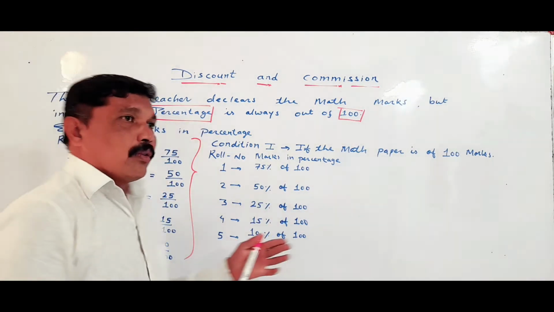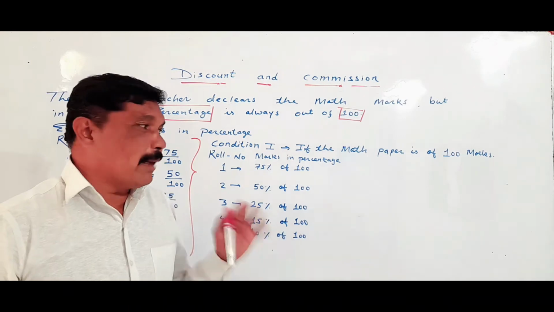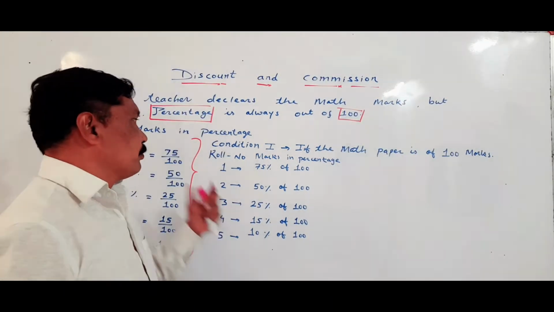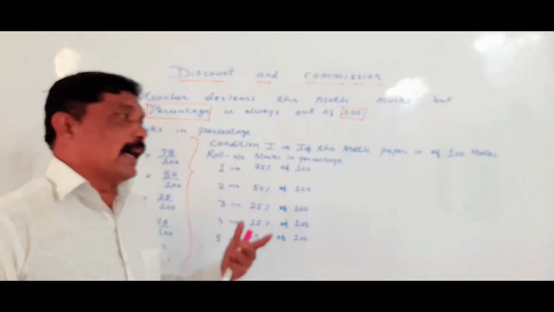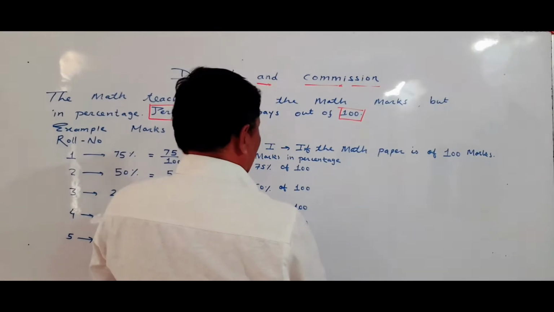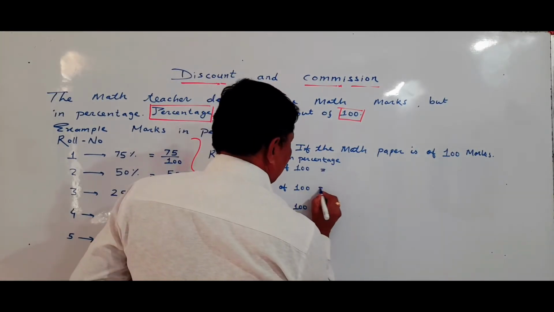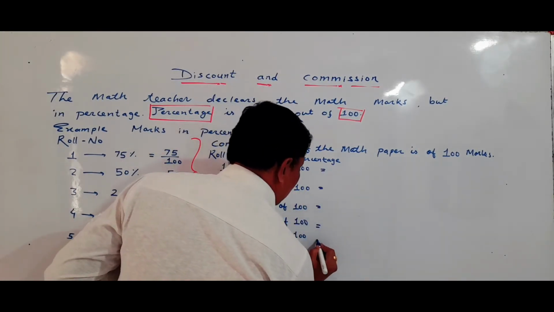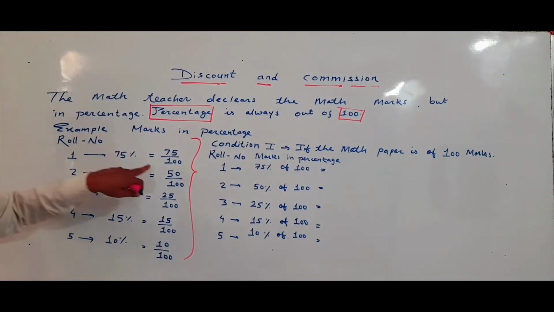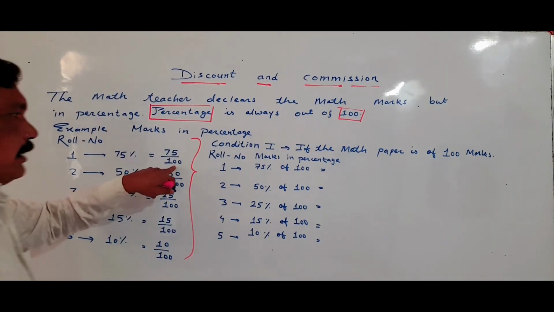Now, we don't know the actual marks the student has scored. So from the given example, we'll find out the actual marks. Now, this can be written as: 75% can be written as 75 by 100.